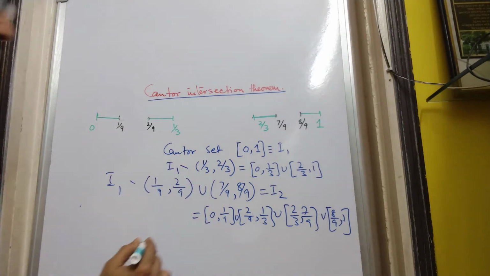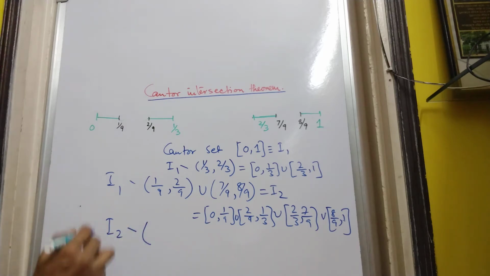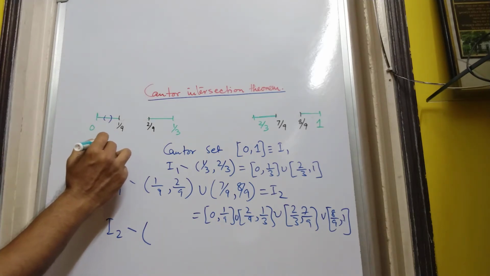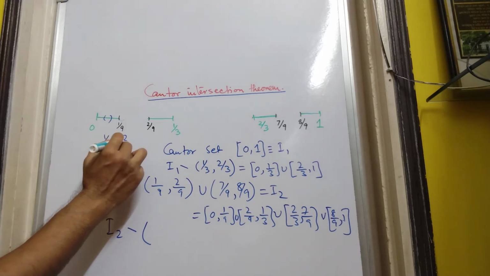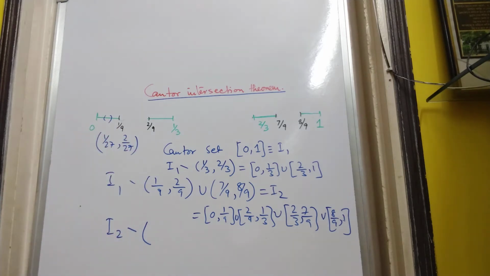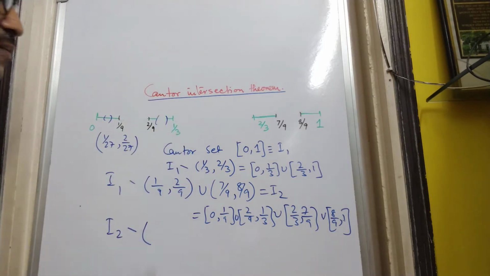And then obviously we remove from I2 the middle third of this portion, which is obviously 1 by 27 to 2 by 27. Then we have the middle third of this portion also, which I request the viewer to calculate.